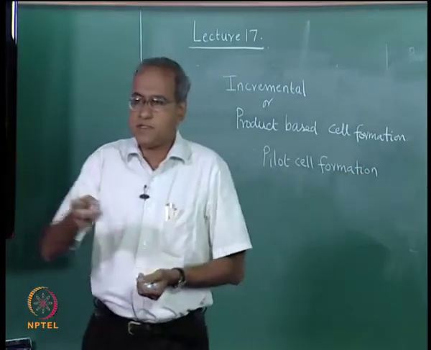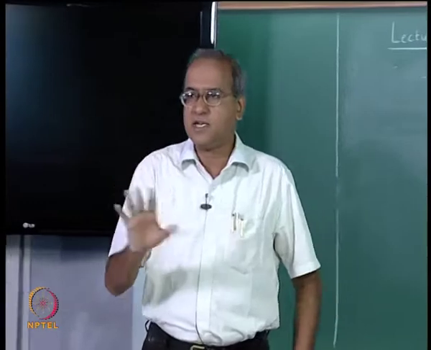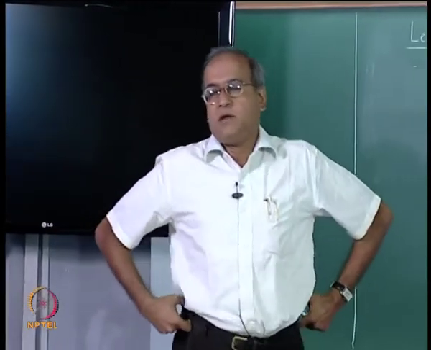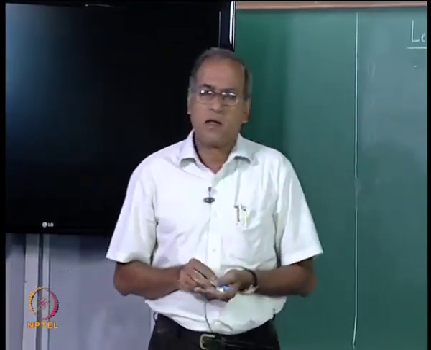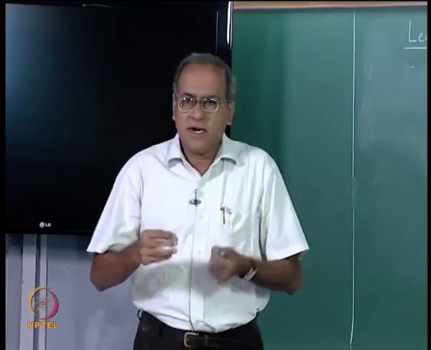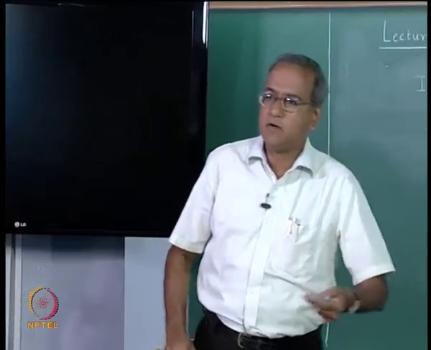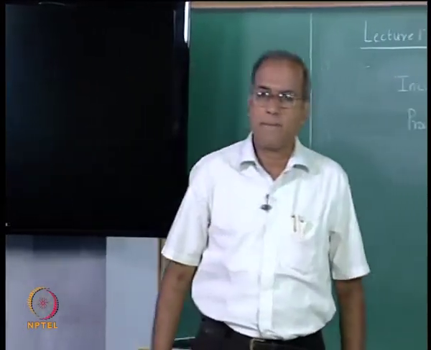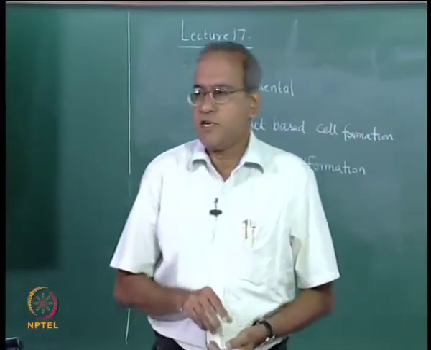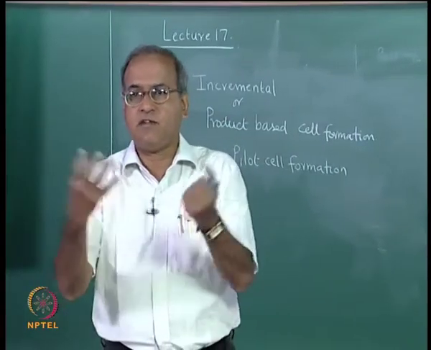Now, this happens in 2 different scenarios in manufacturing. One is, let us say we start implementing cellular manufacturing, and let us say we have carried out a production flow analysis. Production flow analysis, let us say, gives us 5 machine cells.